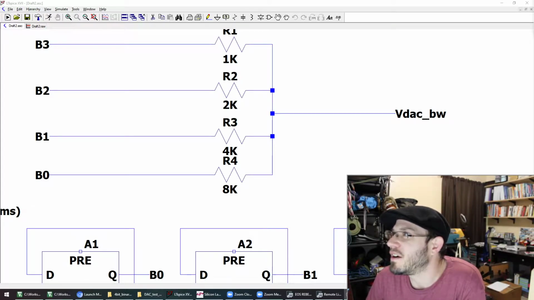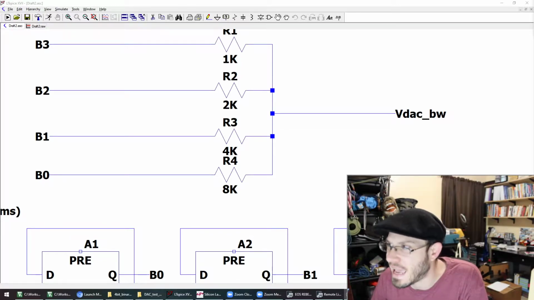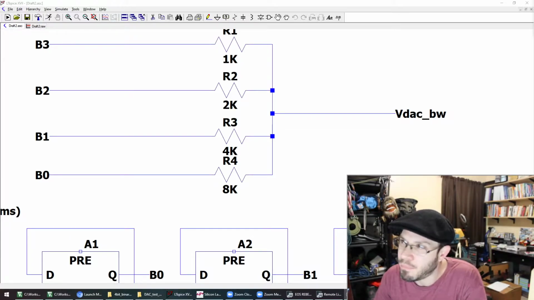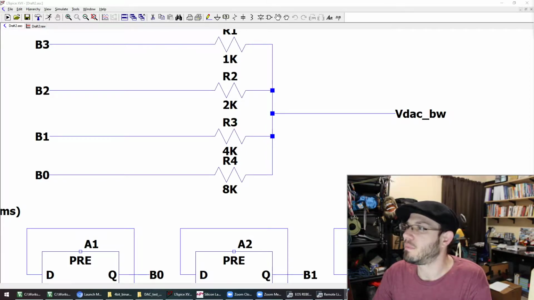So over here, this is going to have to be a much larger watt rated or larger power rated resistor than our 8K is. Probably that one isn't as much of a problem because you can just set it up so you have very little current, but it is a pain in the butt.